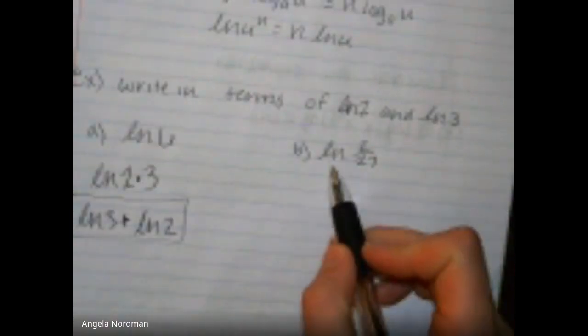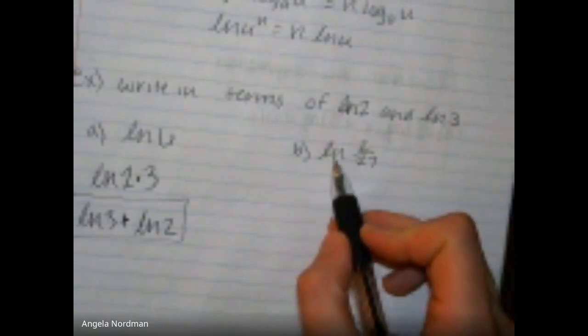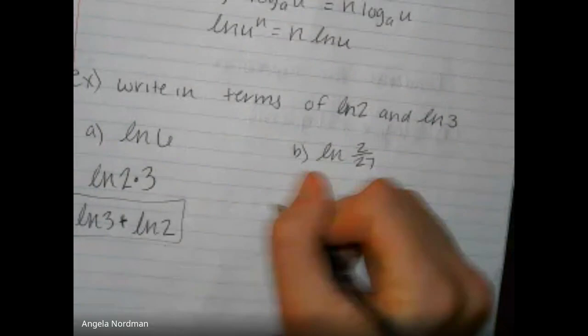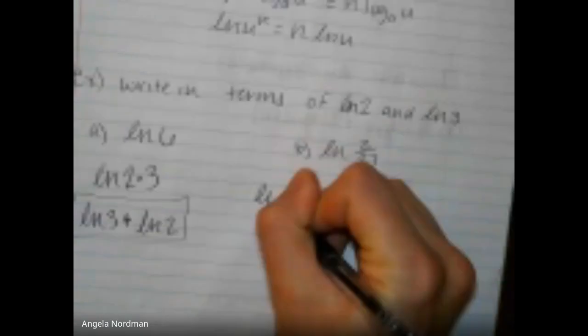What about over here? First, I know the same thing goes. I can split up any division by subtraction. So let me split this up and see if that gets me anywhere. I have the 2, but I don't have the 3.